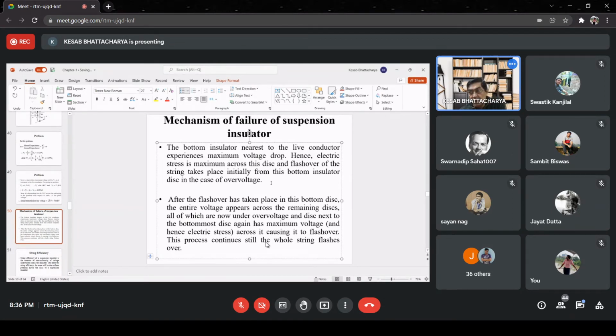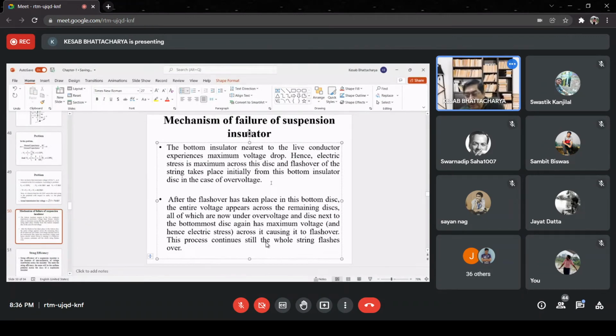Since maximum voltage and stress develops across the disk nearest to the live conductor, flashover starts initially across that particular disk, that is the lowermost disk.